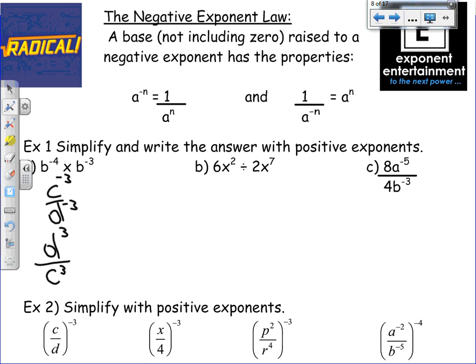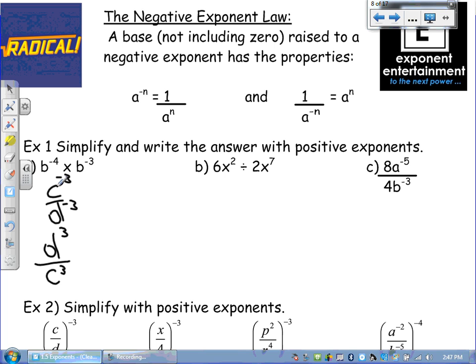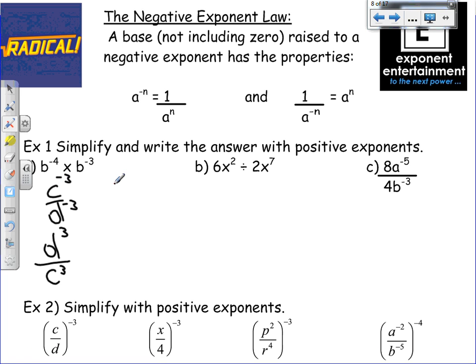Now I'm going to show you a trick that's going to make your life easy. You can have x, y, z over a, b, c, to the power of negative 5.